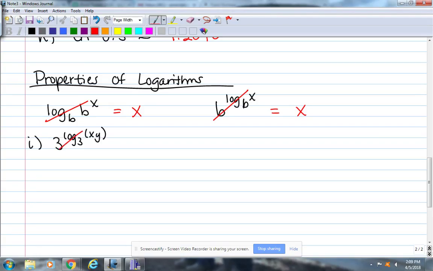Log base 3 of 3, right? And the answer is xy. And that's how you simplify that. So anything that's the same base as what you're raising to a power, the bases are the same, they cancel out, including the word log. Okay? It leaves you with whatever's in the exponent.